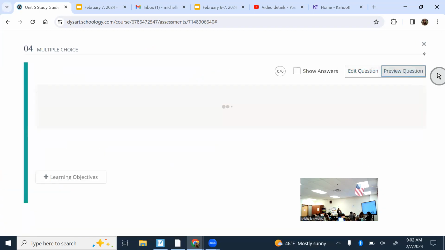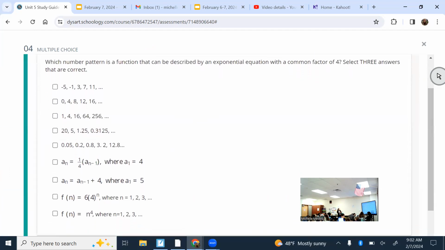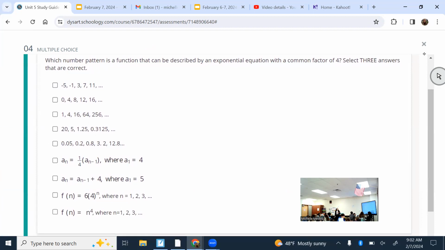Okay. So which number pattern is a function that can be described by an exponential equation with a common factor of 4? And select 3 that apply. So exponential equations, what setup are they always in? Like what's the general equation for them? Okay, good.